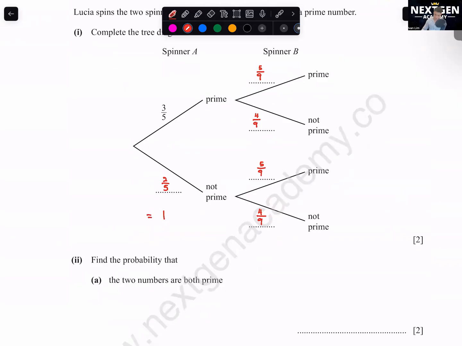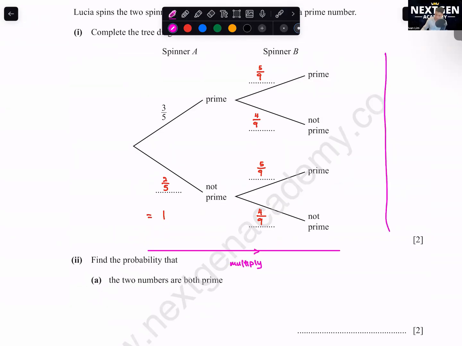Okay, question 2. Find the probability that 2 numbers are both prime. So both prime means I will follow prime and prime here. Okay, so I'll follow this path. When you go across, you have to remember when we do tree diagram, when you go across like this, you multiply.